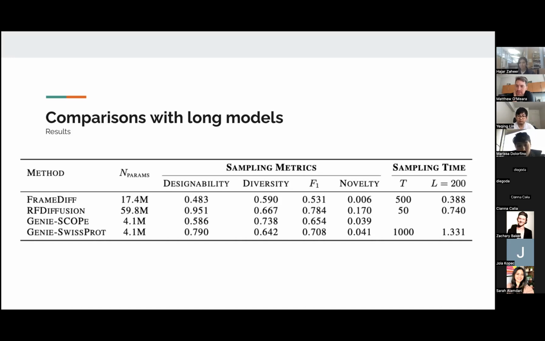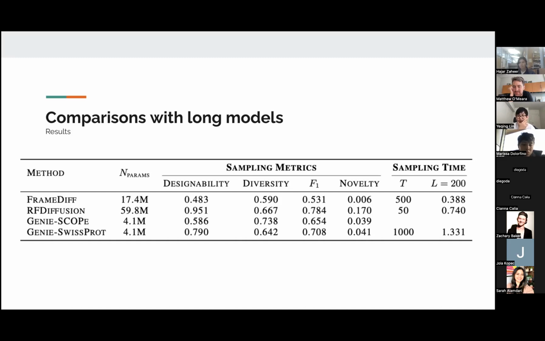Yeah. And I guess, how do you rationalize the fact that diversity and novelty are not always correlated or anti-correlated? Are you sampling in fixed spots in protein space versus spreading out into non-protein space? I guess, how do you think about this? Yeah, so generally diversity and designability are correlated. Higher designability usually leads to lower diversity.